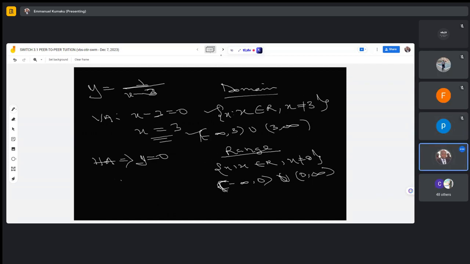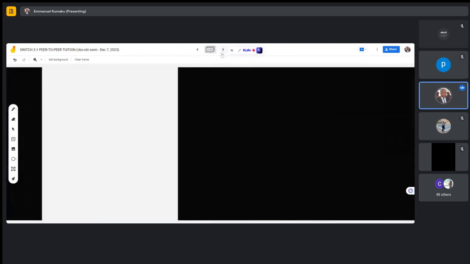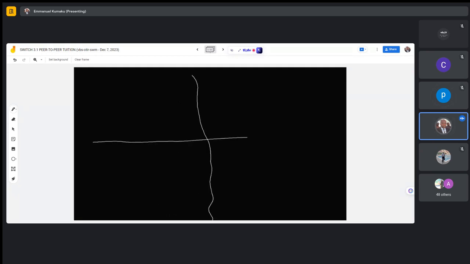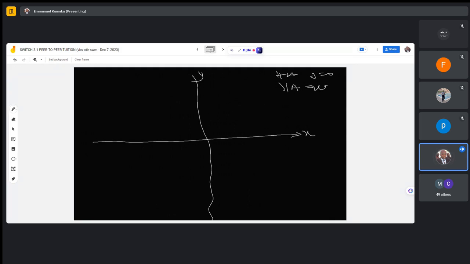Then they can ask you to sketch. Let's look at how to sketch. Remember, we are not asked to draw. It's a sketch, so there are a few rules you just have to follow. First, you must sketch your asymptotes first. So this is my x and y axis. We have a horizontal asymptote of y is equal to 0, which is the x-axis. Then we have a vertical asymptote of x is equal to 3.